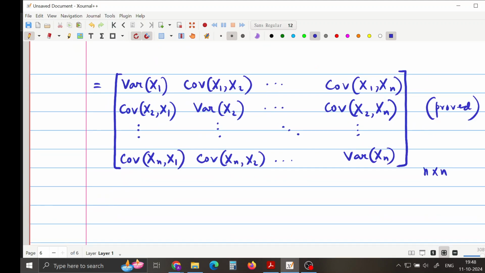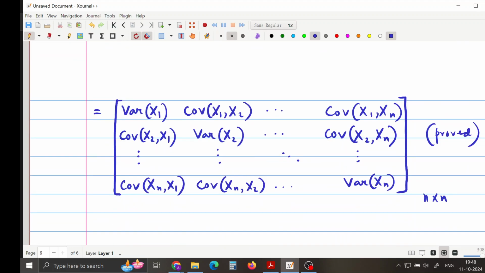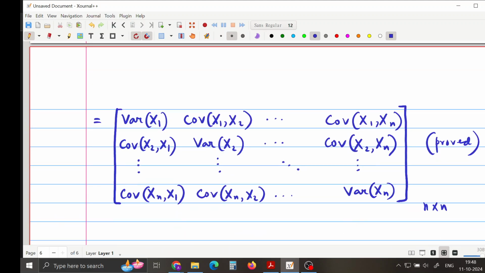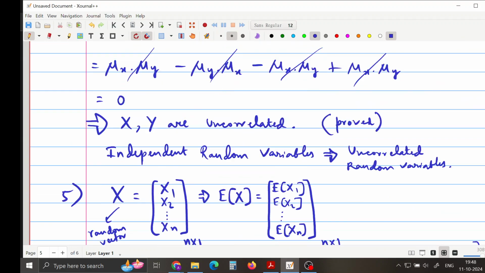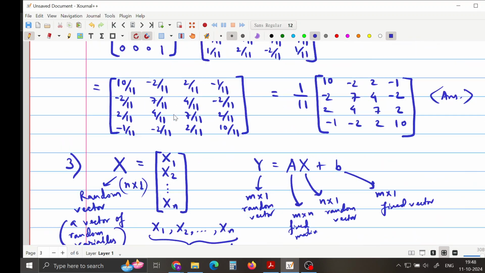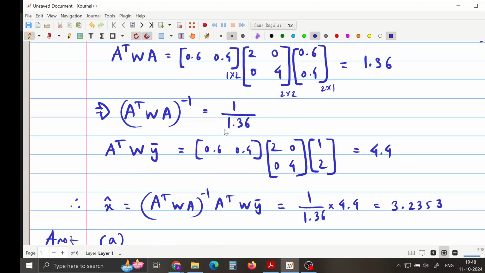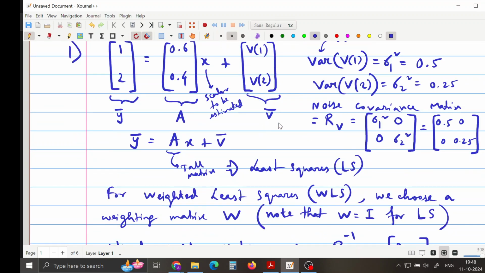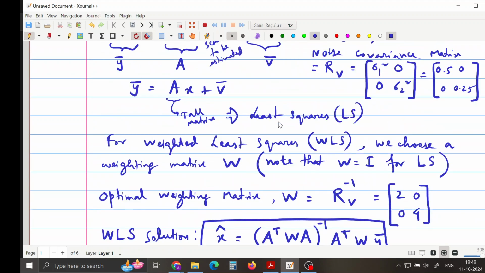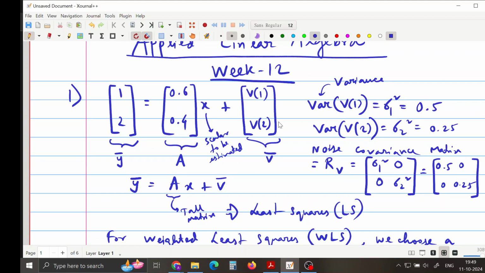So the diagonal entries consist of the variance terms, and the off-diagonal entries will have the covariance terms. And it's obvious, whenever we remember the first question where we looked at the noise vector, this v vector, the noise Gaussian vector, we said that since it is independent, it was given in the question that this noise is independent, so independence implies uncorrelated.